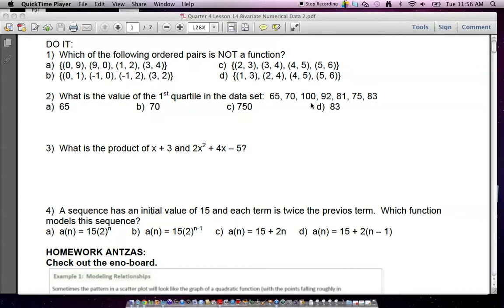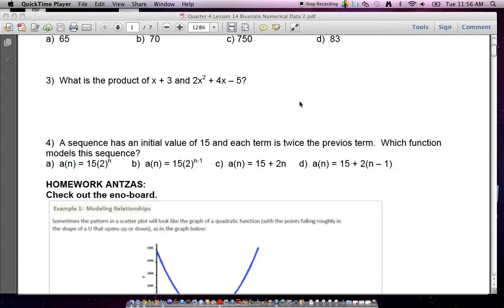Okay, next one. Quartile. First data set. Let's see here. Did you get 70? Yeah. Okay, good. Next, what's the product here? We're going to get 2x cubed plus 6x squared plus 10x squared.